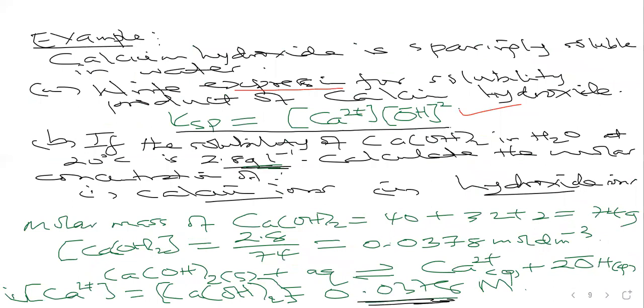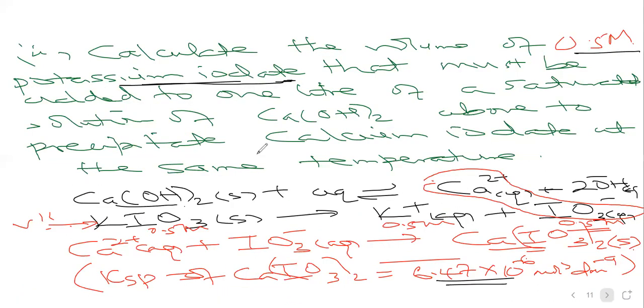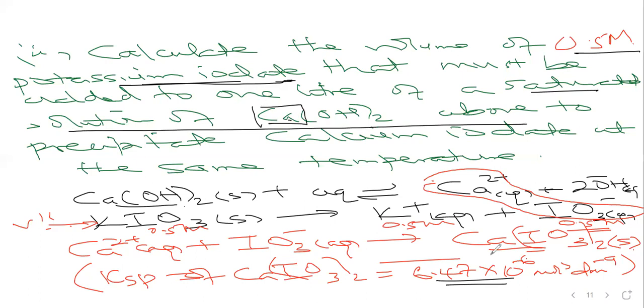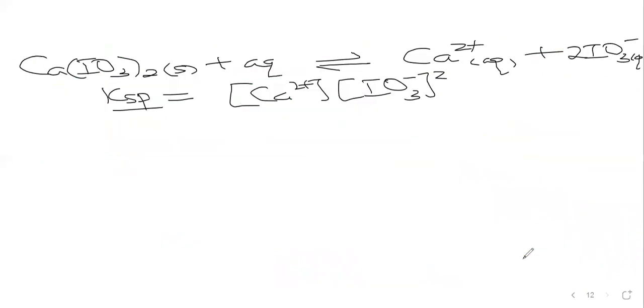That's why the question is telling us the solution of calcium hydroxide above. That's going to help us get the concentration of calcium ions. Then we substitute it in this expression so that we know how much iodate ions are required to precipitate calcium iodate using the concentration of calcium ions from the calcium hydroxide.